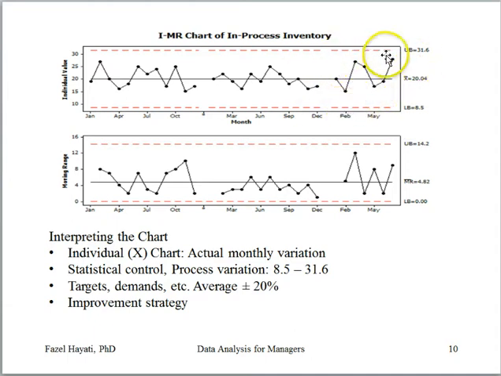This process is predictable, and you can predict the behavior of this process into the future. On average 20 tons monthly, and you can produce a value that is between 8.5 to 32.